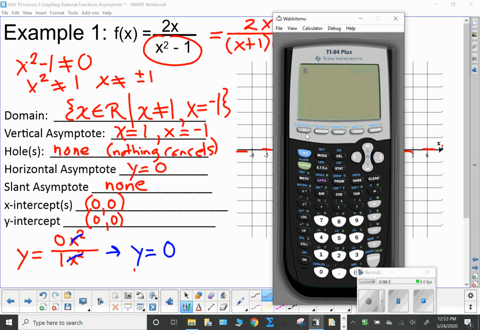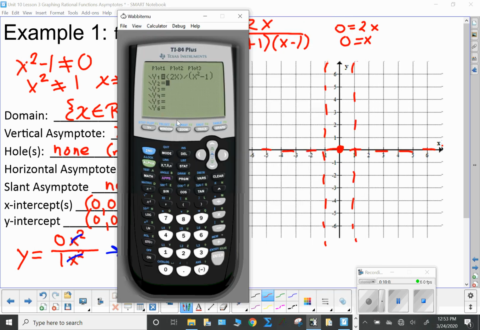Okay, we're going to go to y equals, and I'm going to put in 2x divided by the quantity x squared minus 1. And I'm going to go to my table of values.